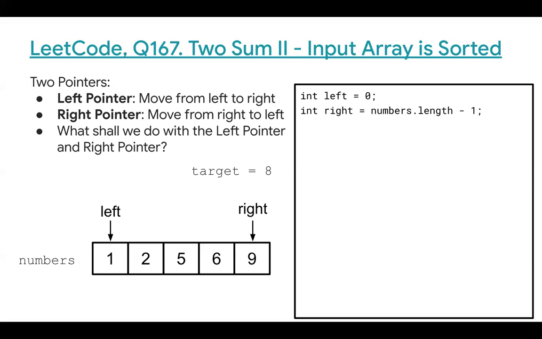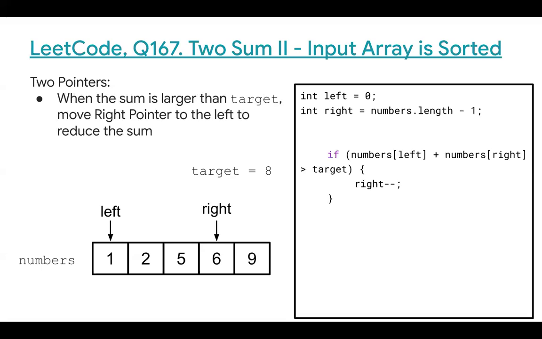How can we do that? We can't move the left pointer to the right, because if we do that, this will increase the sum, right? So our only option is to move the right pointer to the left. In this way, we can decrease the sum, and hopefully we are able to make it equal to the target.